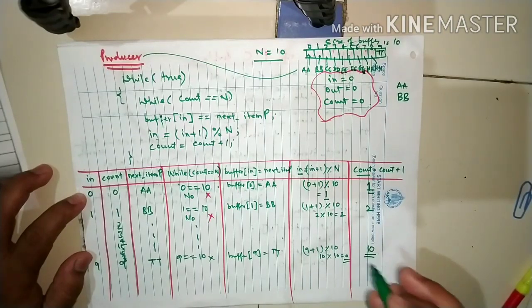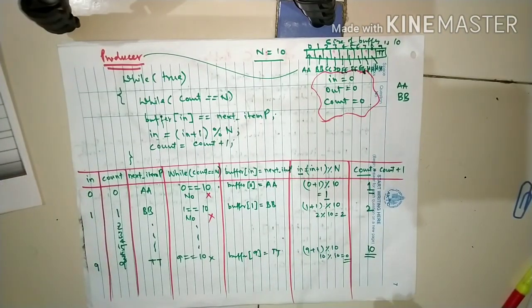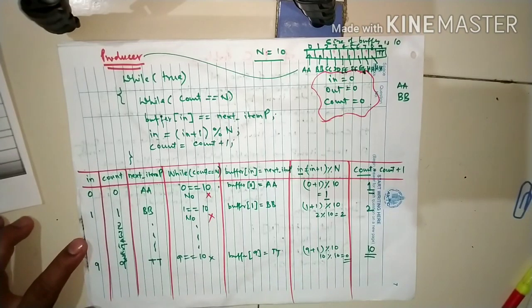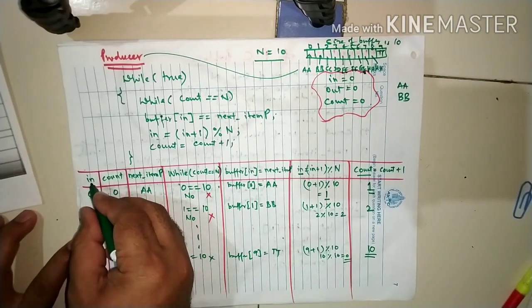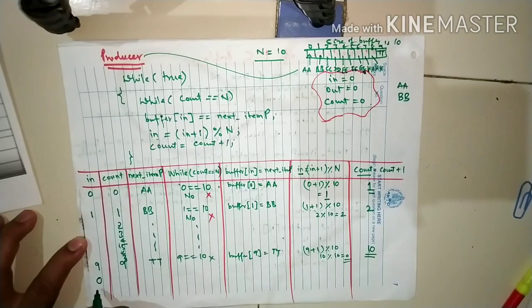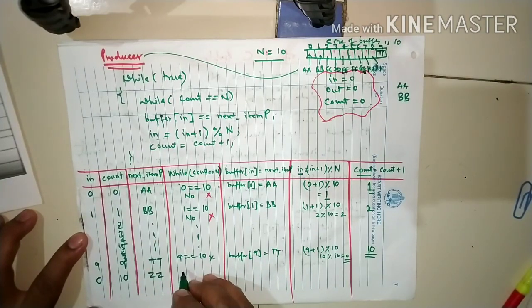Now you need to consider this step very carefully. The value of in is 0, and the count value is 10. The next item we want to insert is, for example, ZZ. The count value is 10, so 10 is equal to 10, the condition is true.